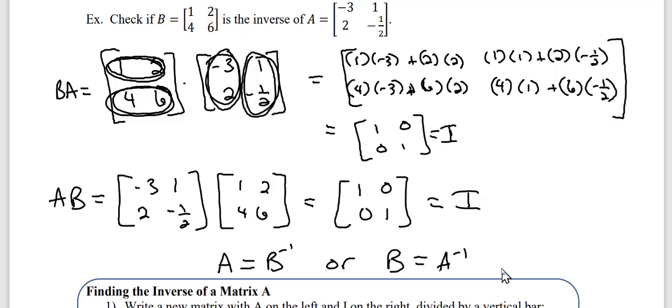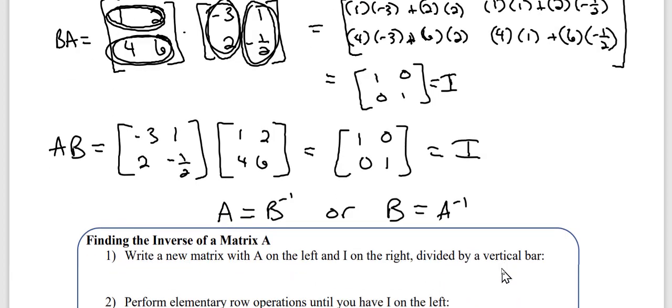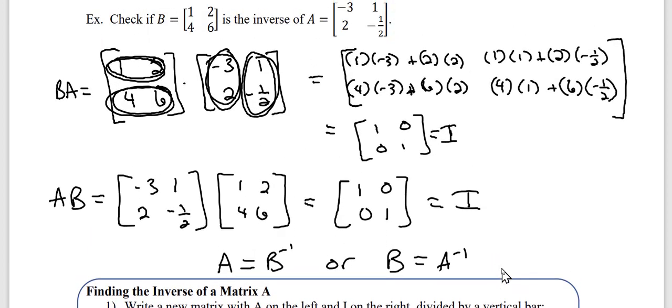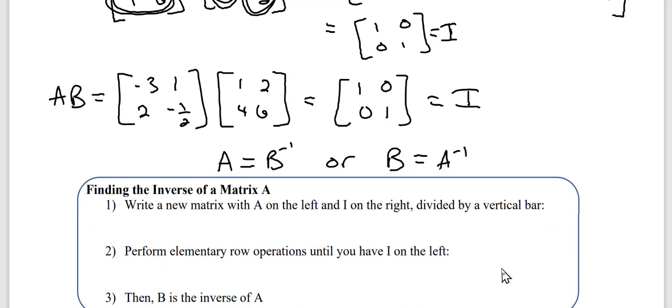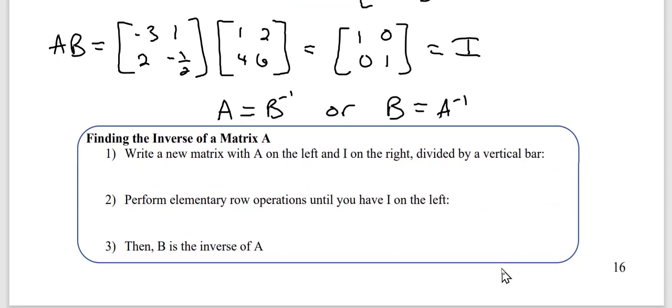In this example, you were given the matrix and its inverse. What if you only have the matrix and you want to find its inverse? Here are our steps for doing that. We write a new matrix with A on the left and I on the right, and we divide it by a vertical bar.